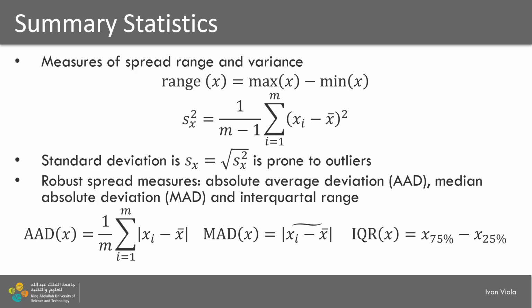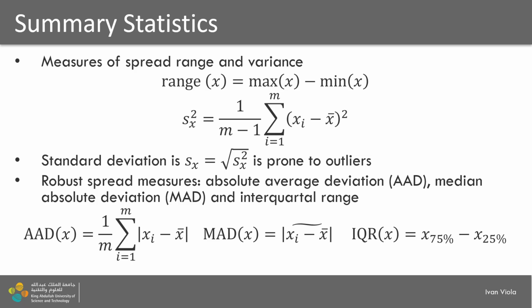That is how this sensitivity to outliers propagates to the standard deviation and the variance. Therefore, statisticians have developed a specific family of measures, both for spread and for position, which are robust with respect to outliers, like the median is robust with respect to outliers.